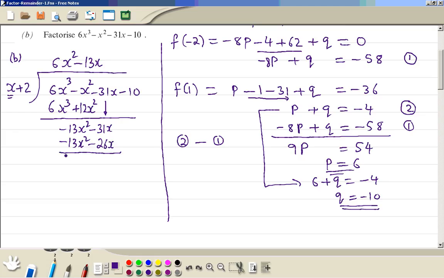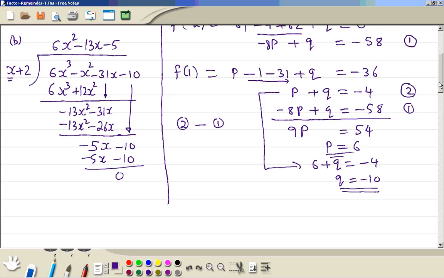Now find the remainder. So that minus that is nothing. Minus 31, here's minus 26 gives you minus 5x. Bring that final term down. Now we need to multiply this x by minus 5. Then minus 5 times minus 2 is minus 10. So the remainder is 0.